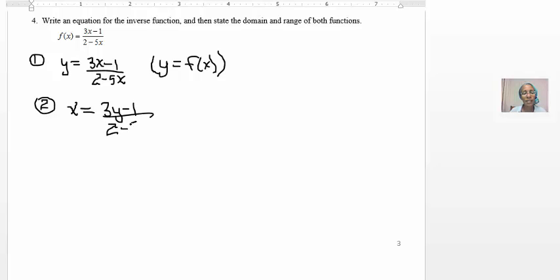And once I make that interchange, now y in step 2 is actually f inverse of x. And that's why I want to solve for that. Step 3 is to actually solve this for y.